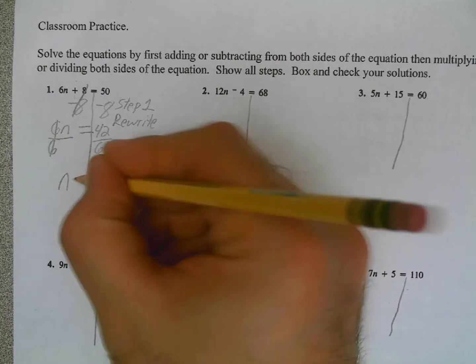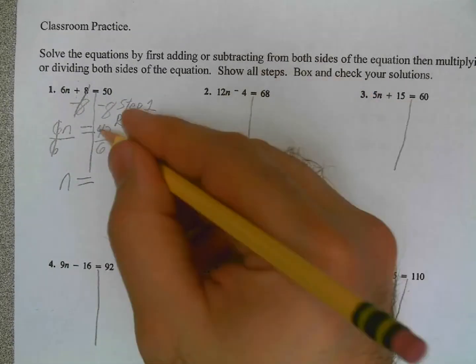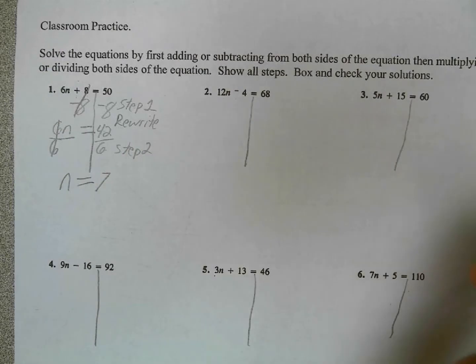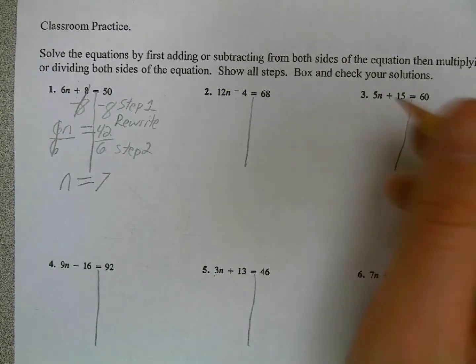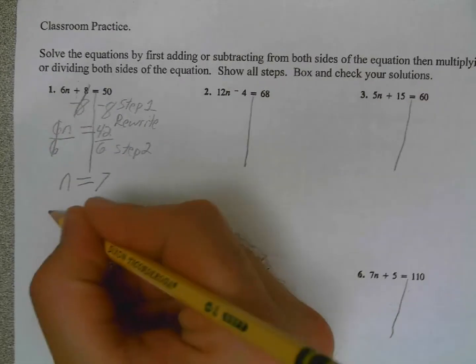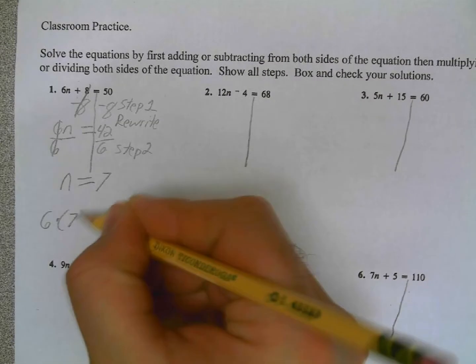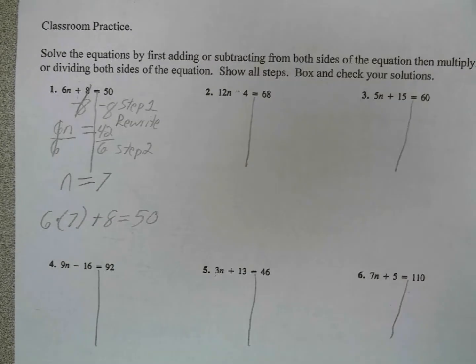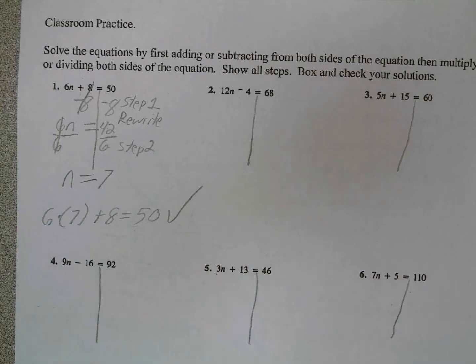We're left with n equals 42 divided by 6. Yep, 7. All right, and then we can check it. 6 times 7 plus 8 equals 50. That's true. 42 plus 8 is 50. It checks out. All right?